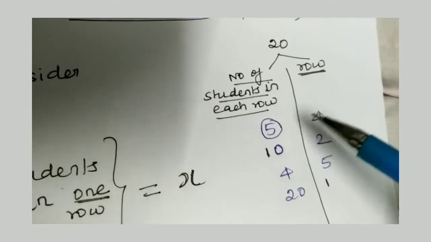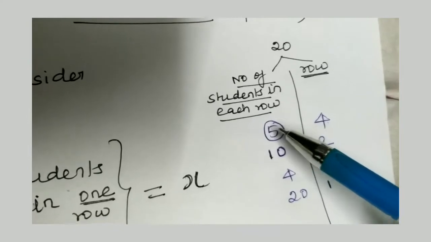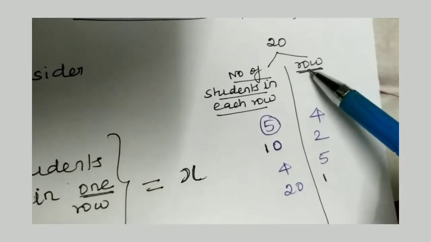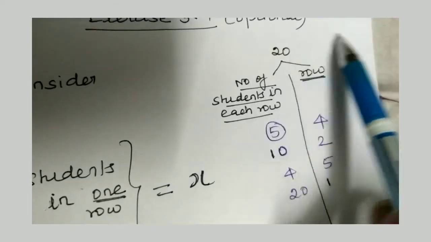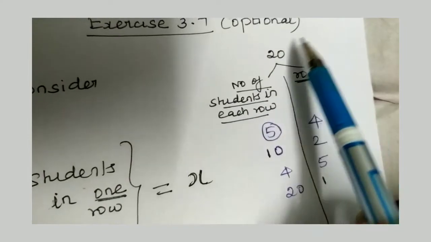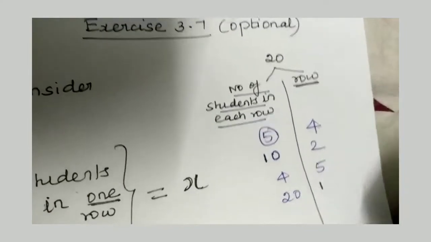Do you agree? In one row there are 5 students, which means the total number of rows will be 4.